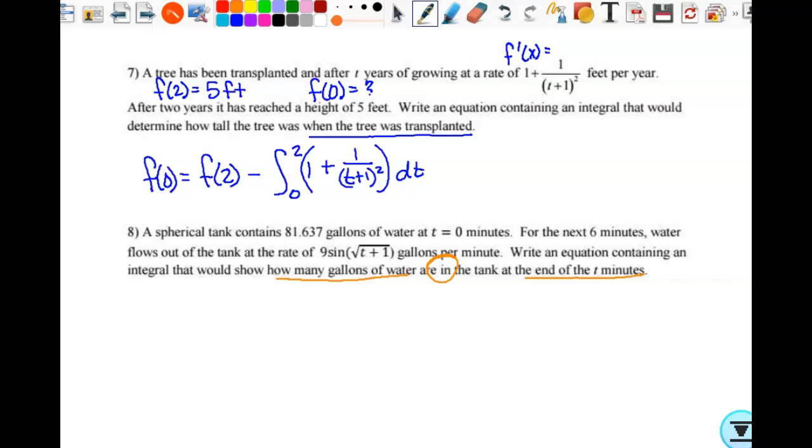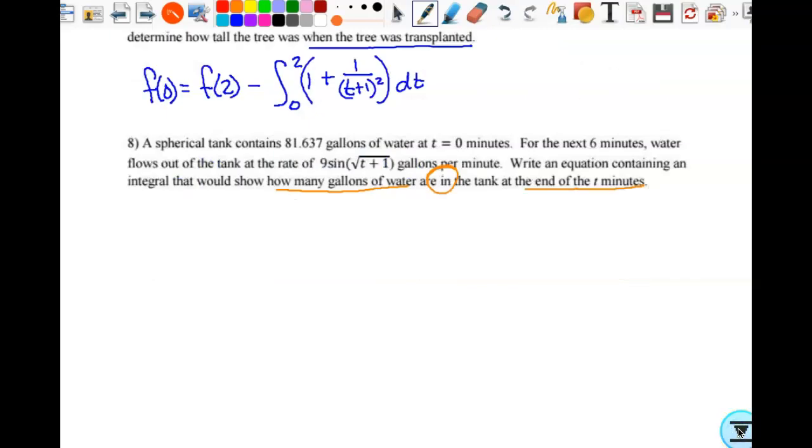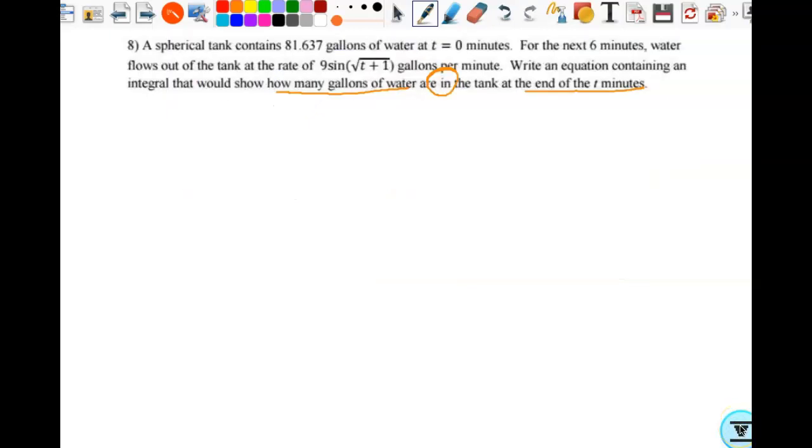Not how much has been added or subtracted, but how much is in there. So that means that we know that, let's see, if we called this r of t, since it called it a rate, we can call it r of t, which means capital R of 0 when t equals 0, that's 81.637.